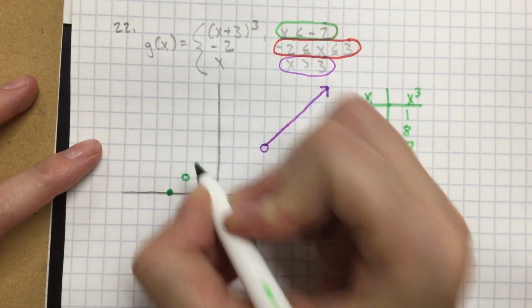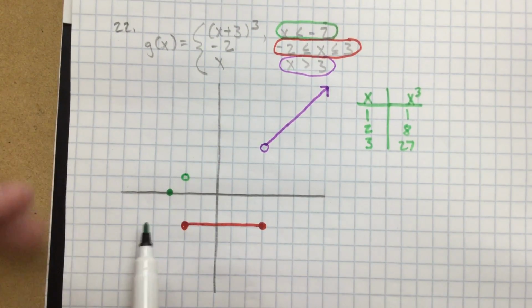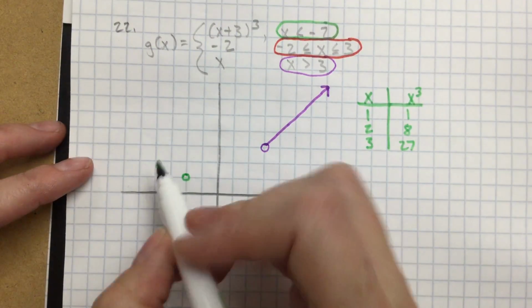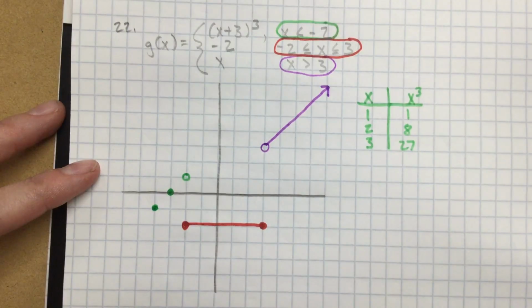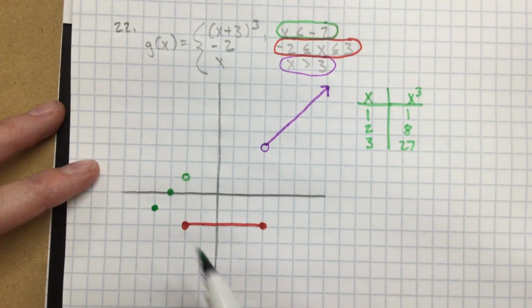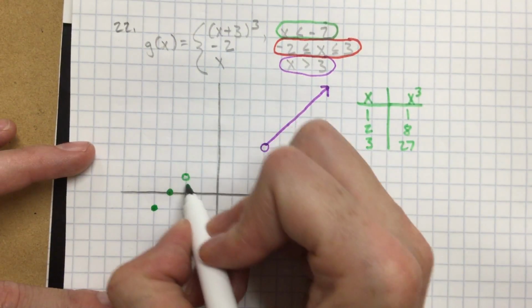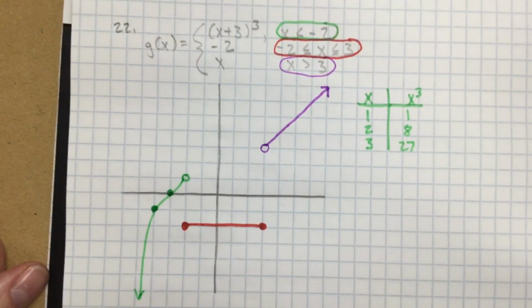So I know I have an open point there. Okay. Then to the left, it goes down to the left. So when I go left 1, I go down 1. When I go back to the middle, I would go left 2 and down 8, which isn't going to fit on here. But you end up with something like that.